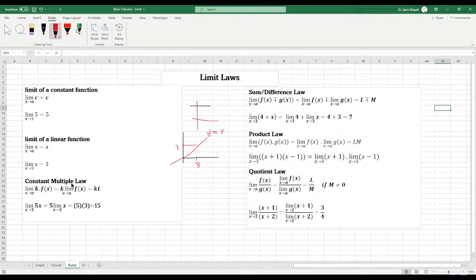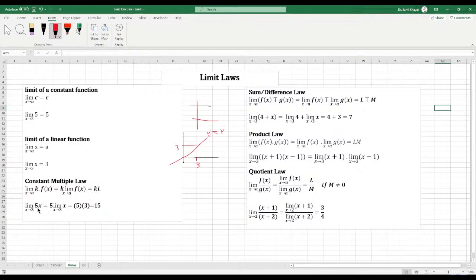The constant multiplication law. Meaning, if you have the limit of x approaching a of a constant k multiplied by a function, you can take the constant outside: k times the limit of x approaching a of f of x, which is equal to the value of this limit, L, times that constant.